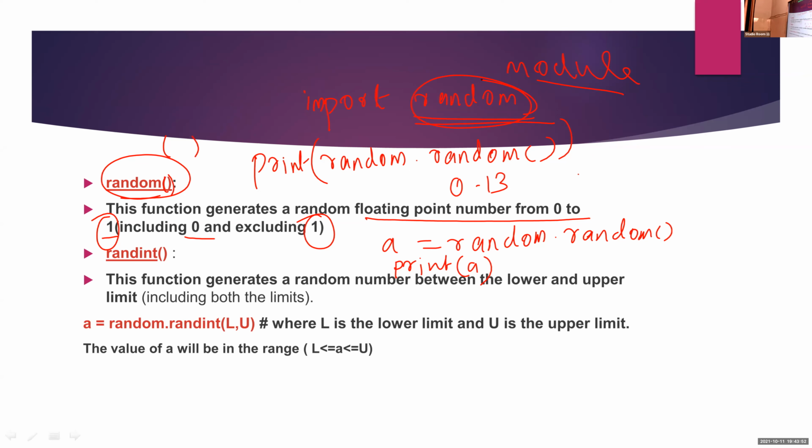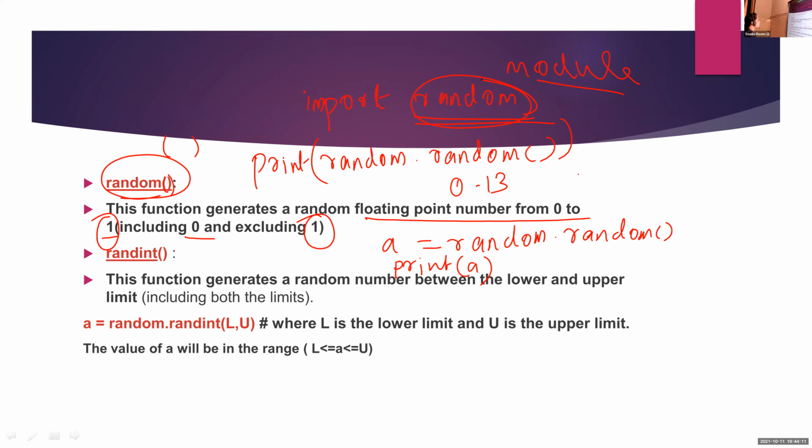And if you are using sqrt or power or any mathematical function in your project, then use the math module under this module section. Is it clear, Achyut? Yes, ma'am. Okay.